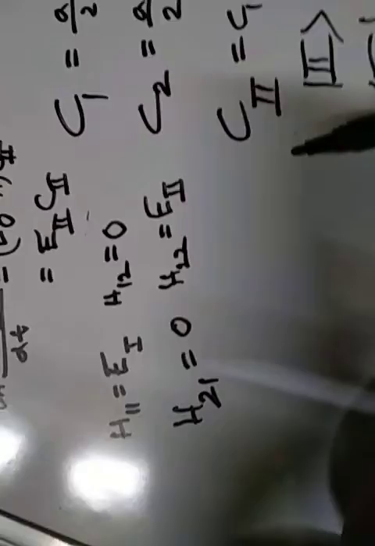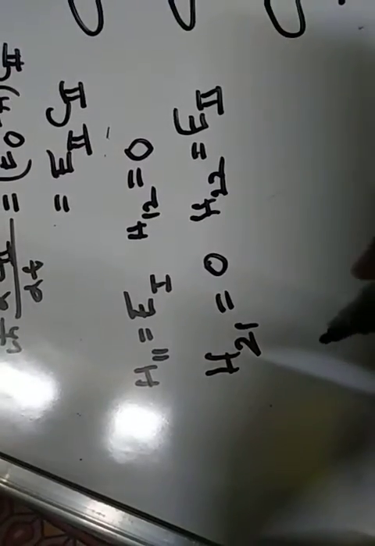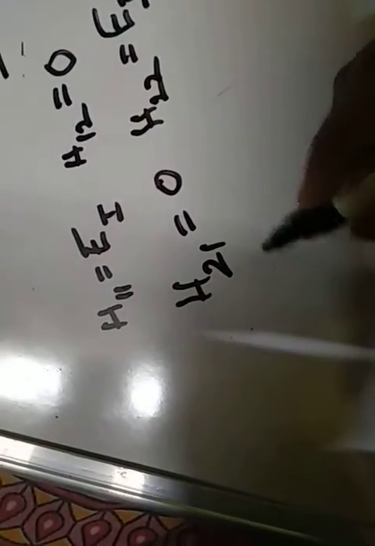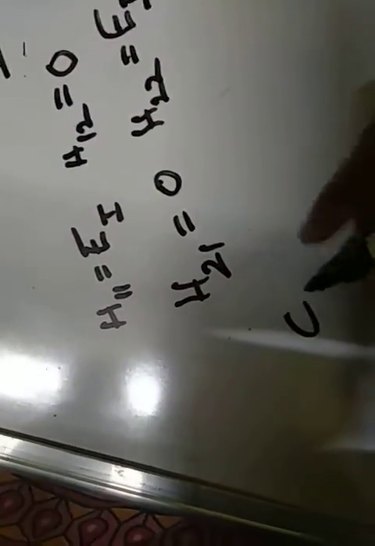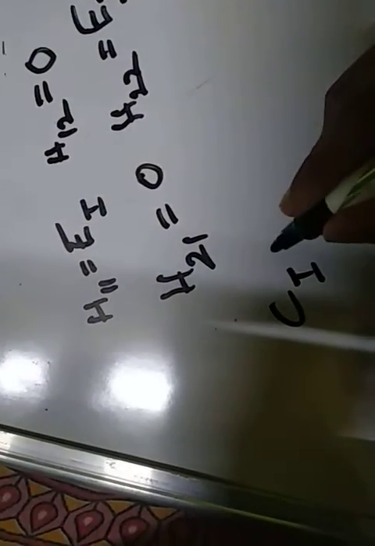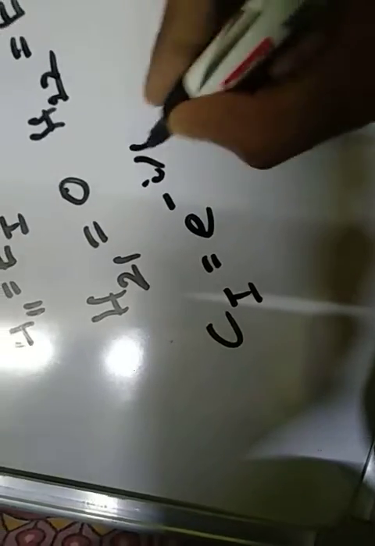What are stationary states? States with definite energies, and they vary in which manner? If you solve this equation, you can find the varying character, and it is like this: C1 varies as e to the power minus i by ħ times E t.